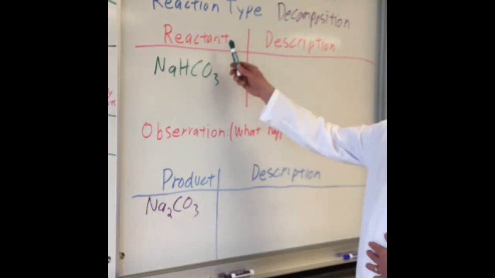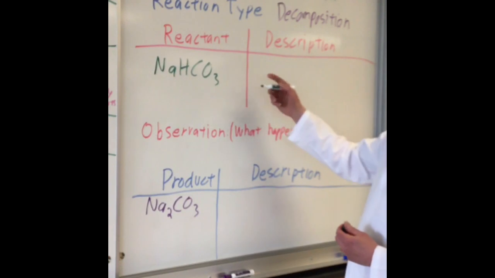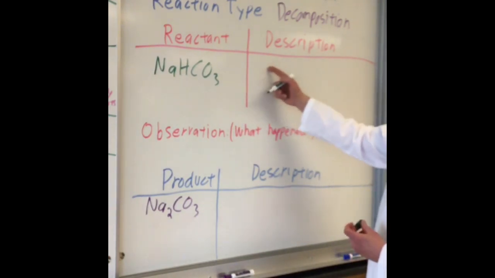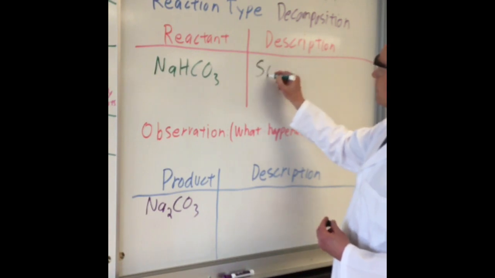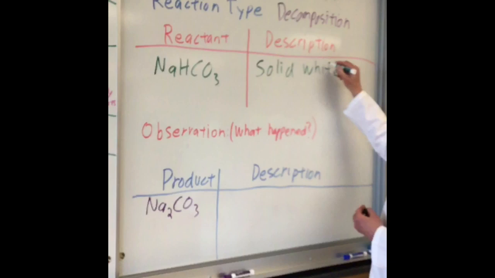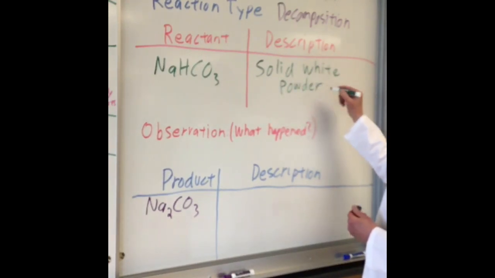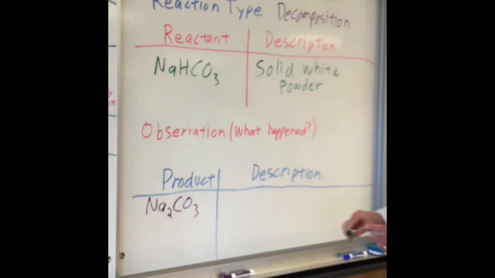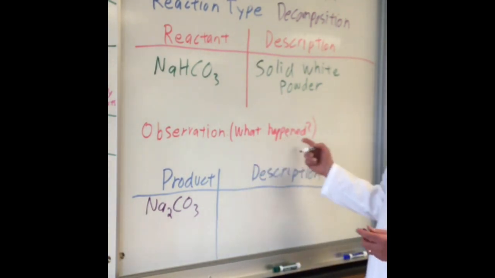So what we have is our reactant: bicarbonate of soda, sodium bicarbonate, baking soda. Description: we want to write what it looks like. We said it was a solid white powder. So that's good. We also had some observations that we made. What happened?